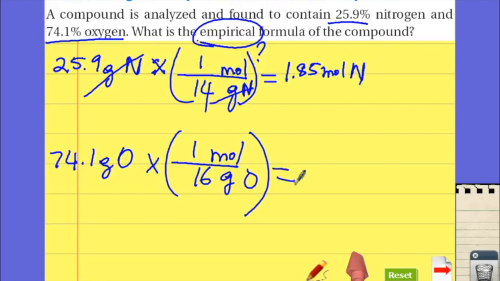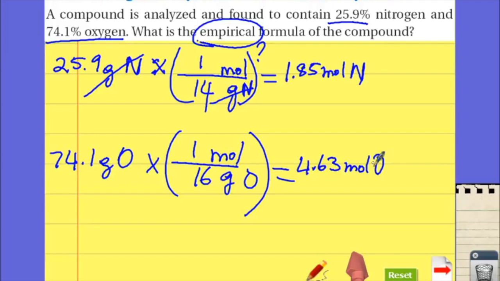What is 74.1 divided by 16? 4.63. This is moles of oxygen. Percent to mass, mass to mole, divide by small.